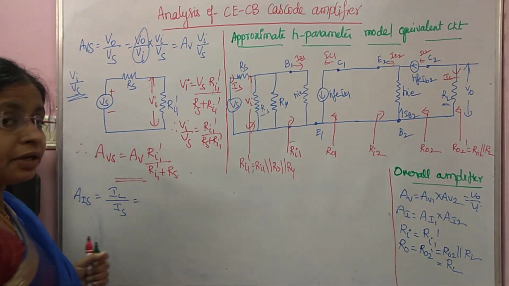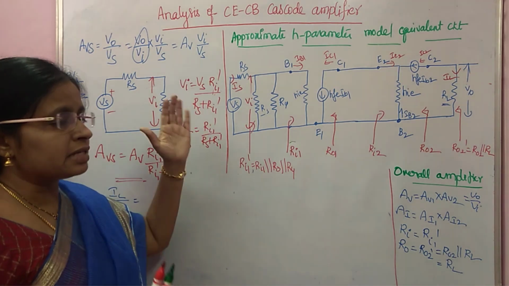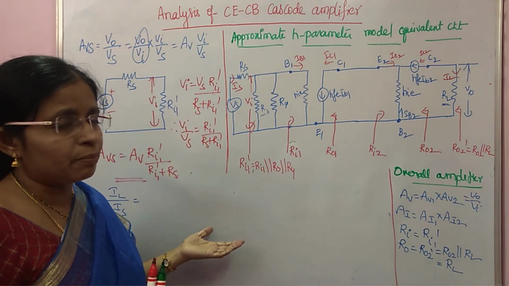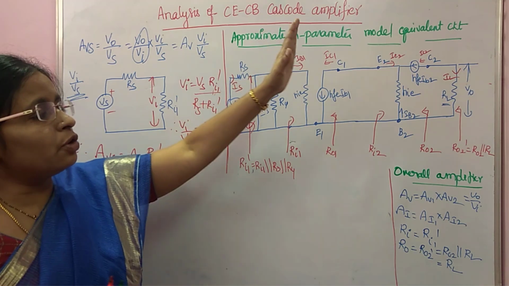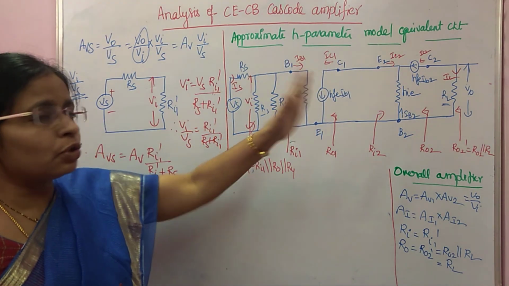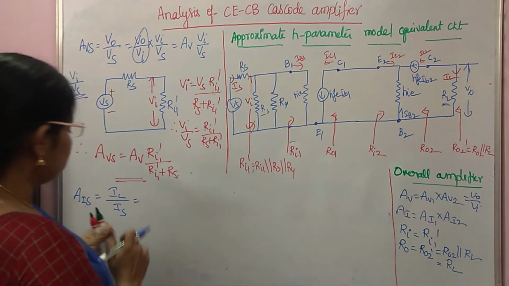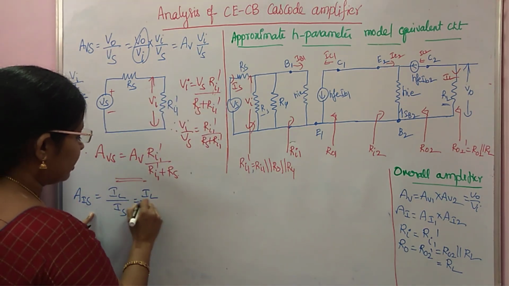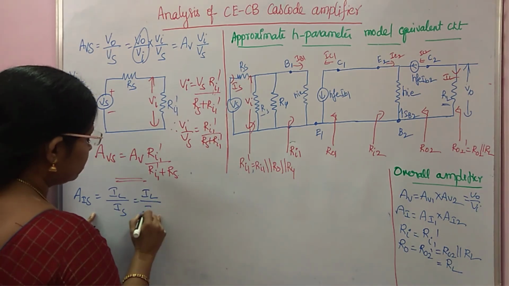Okay, so how to write it? I explained it in the last concept of CE cascade amplifier analysis. You have to start from the end and go back. Like that. So IL by, what is the back current?